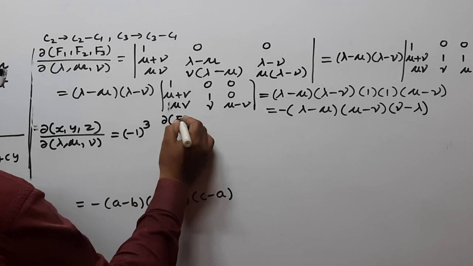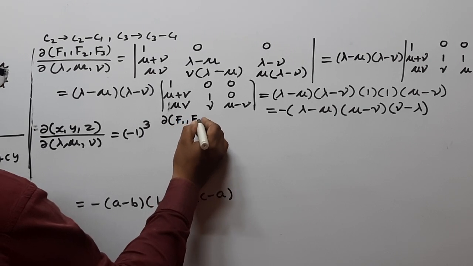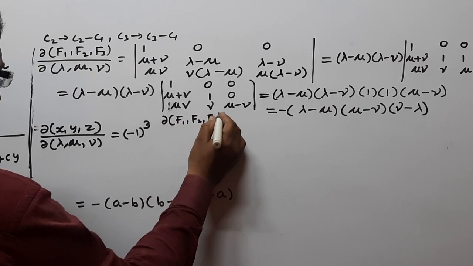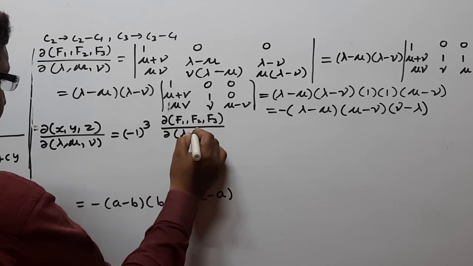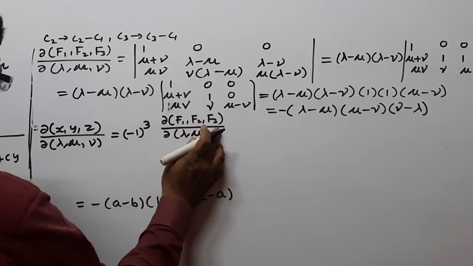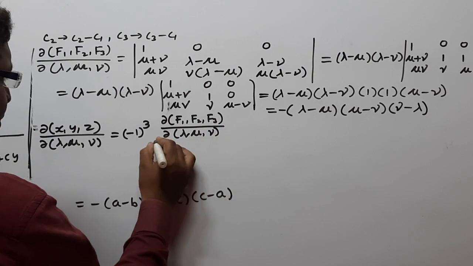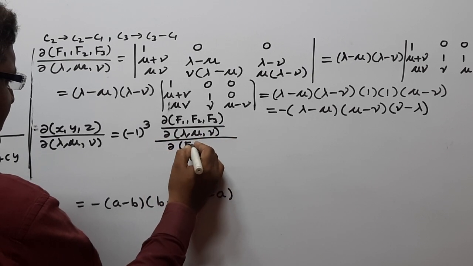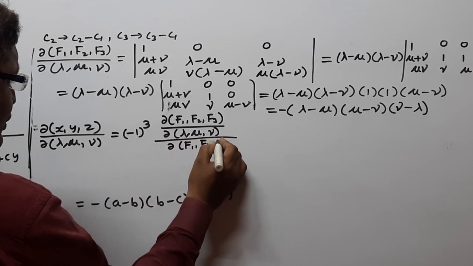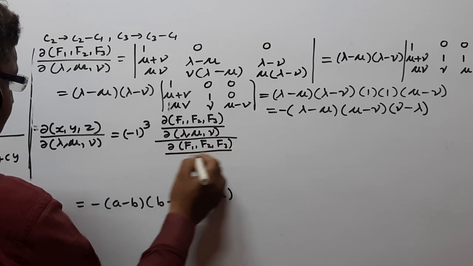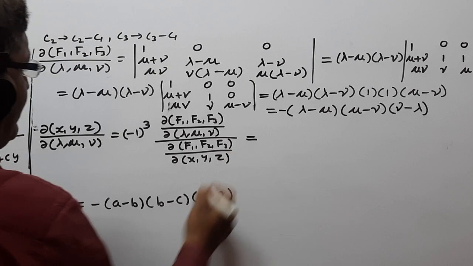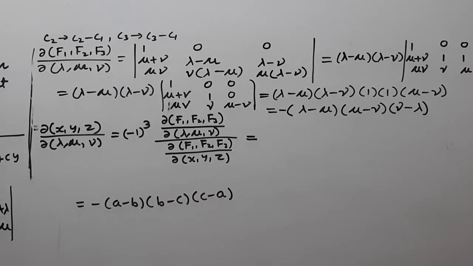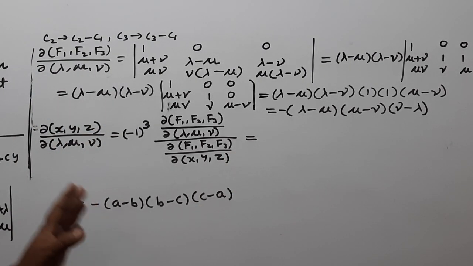Now in the numerator we write the Jacobian of f1, f2, f3 with respect to lambda, mu, nu divided by the Jacobian of f1, f2, f3 with respect to x, y, z in the denominator. This formula is used when the implicit relation is given.